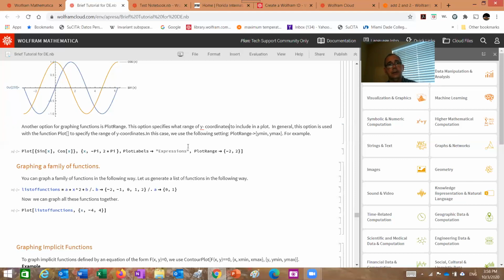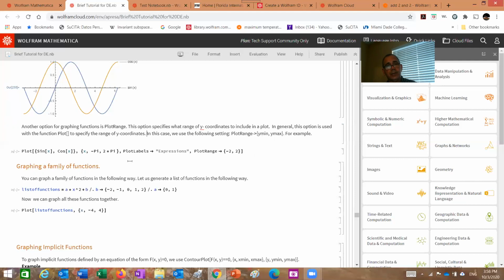In this case, we have a little space here. We use the following setting: PlotRange, then a dash and the greater than sign for the right arrow, and then the y minimum and the y maximum.